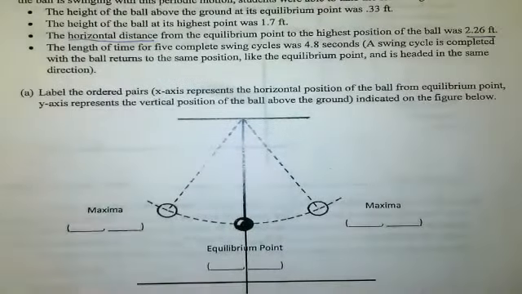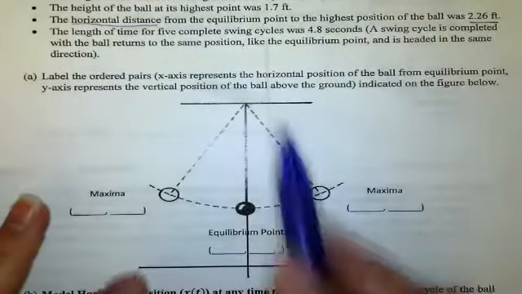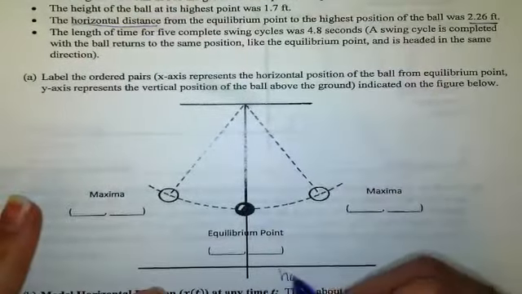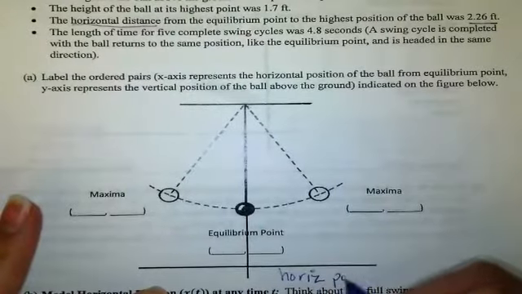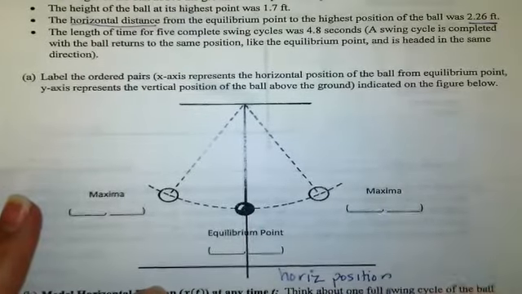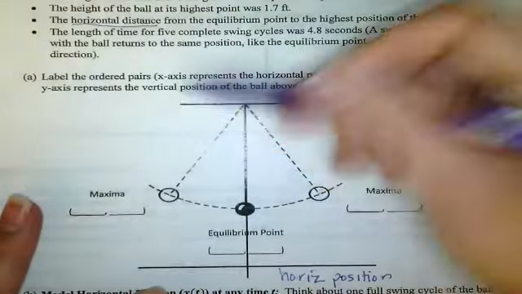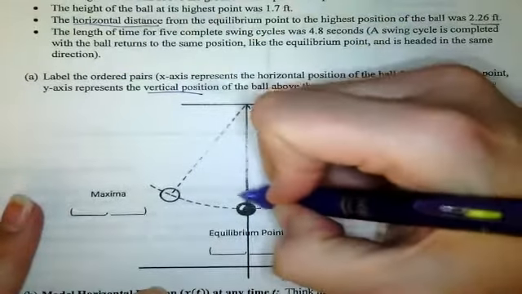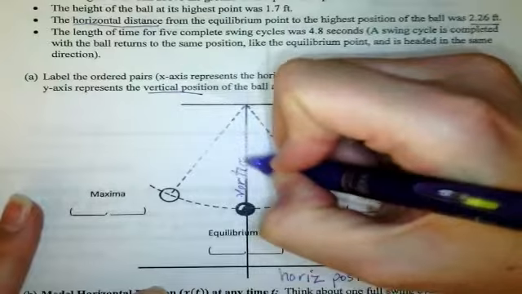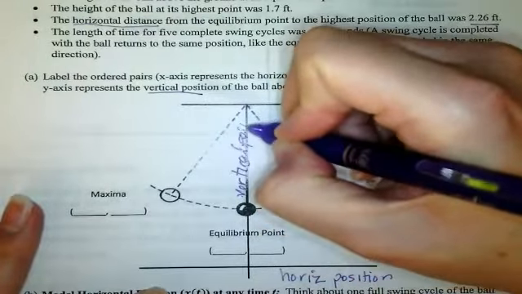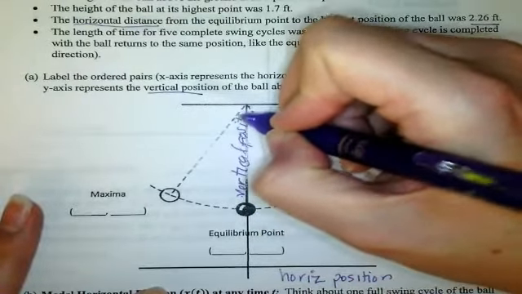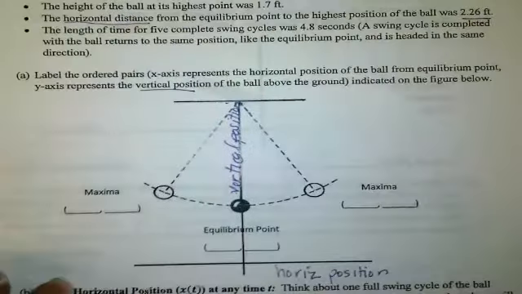We want to label these ordered pairs. The x-axis represents the horizontal position of the ball from the equilibrium point, and the y-axis represents the vertical position of the ball above the ground.